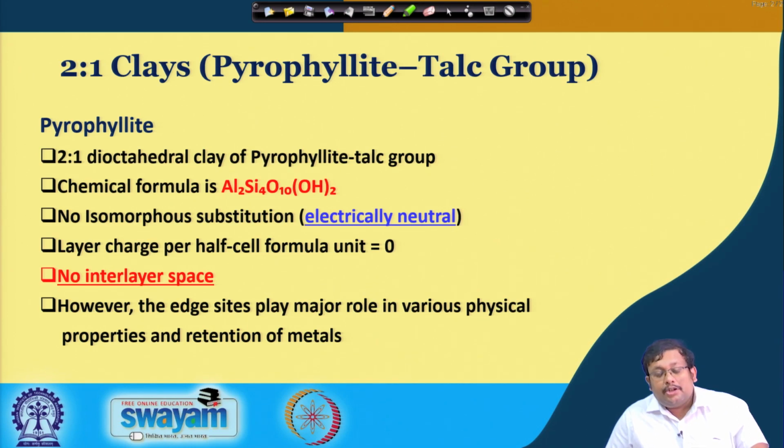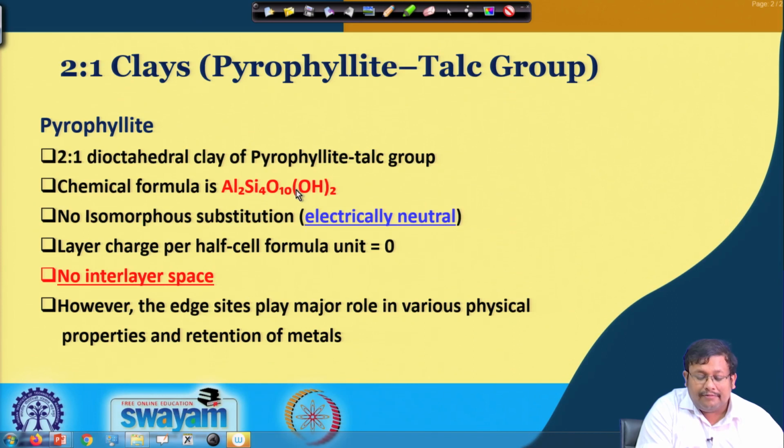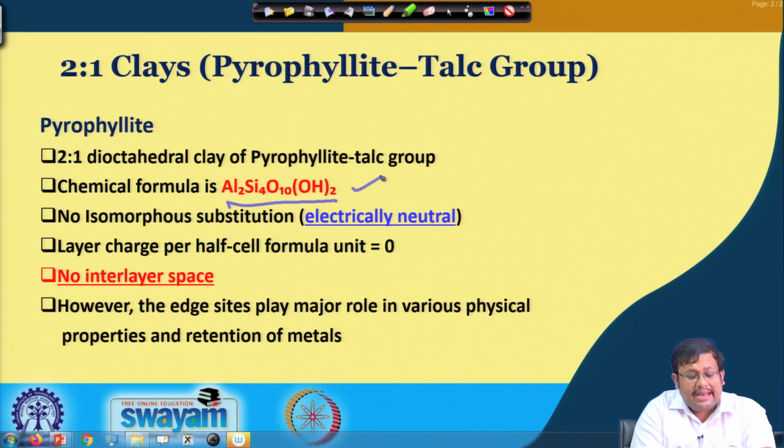Now, pyrophyllite is a 2:1 dioctahedral clay, and it belongs to this pyrophyllite talc group. It has the chemical formula Al2Si4O10(OH)2, and it does not show any kind of isomorphous substitution.